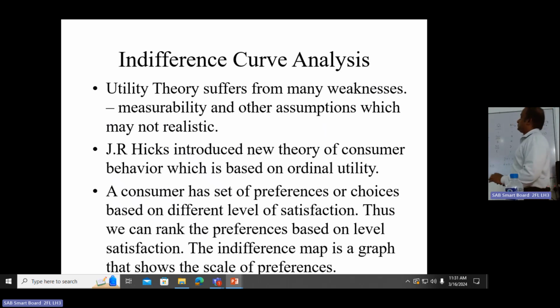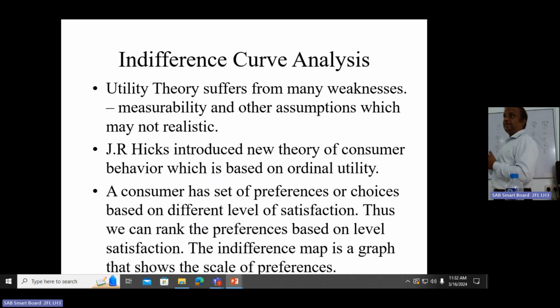Instead of measuring the utility, we rank the utility, high or low, based on the preference or the choices. So there we can identify the level of satisfaction.